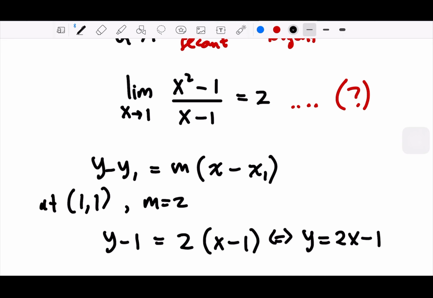Of course, later you can check this when we learn derivative, or actually we can simplify this and factorize this one, and we get x plus 1, 2, right? But we will go back here later, okay?